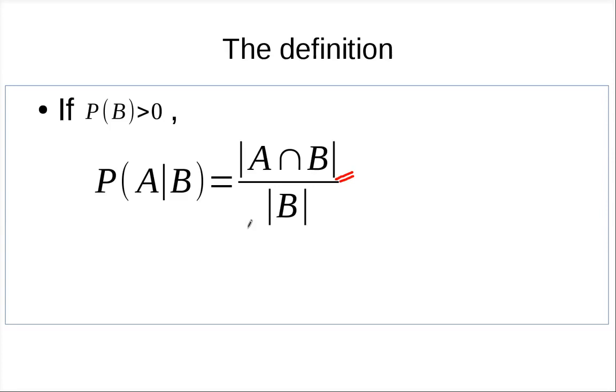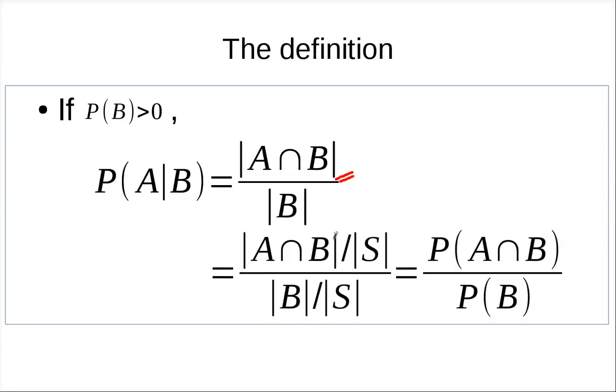All right. So if we do some more algebra, we can just divide this by the size of the sample space, and then this part is the probability of A intersection B, and this is the probability of B, right?